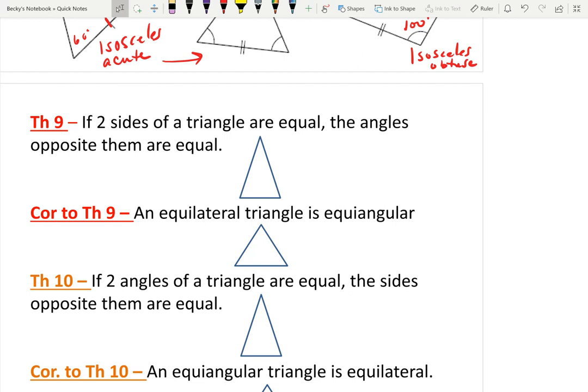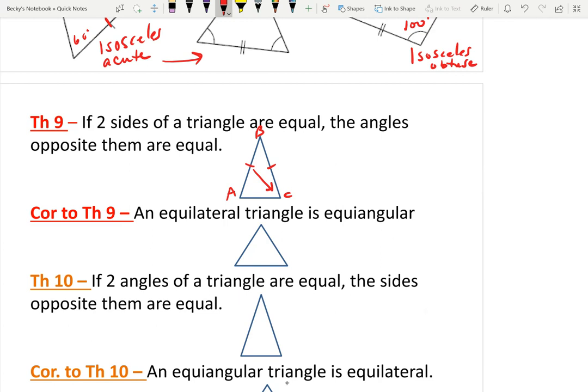All right, theorem 9: if two sides of a triangle are equal, then the angles opposite them are equal. This is what we were talking about before. Here's a little trick. What's opposite AB? Opposite AB is C, since there are only 3 letters.